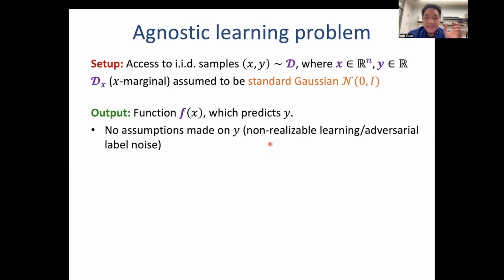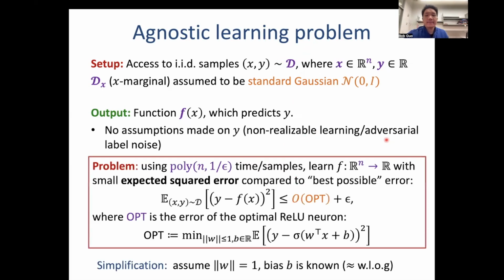And realizable just means there exists a perfect function f that predicts the label with zero error. Adversarial just means we can imagine the label y to be produced by some perfect function f, and then some adversary comes and perturbs the label y to be imperfect. That's why we call it adversarial label noise.